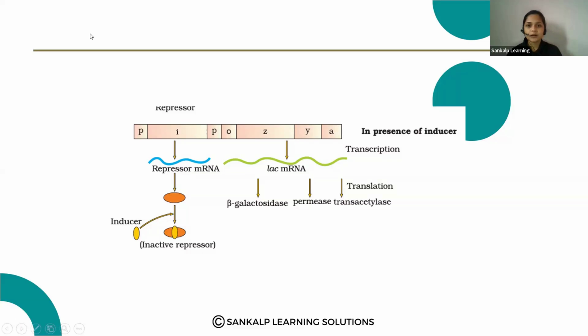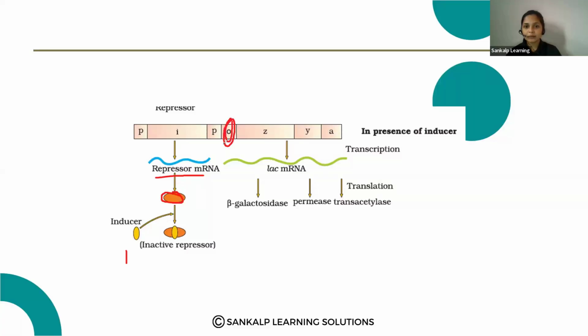So here when the lactose is present, the repressor gene produces the repressor mRNA, and it produces the protein, and the repressor protein binds with the inducer. Inducer is nothing but the lactose here. Then this repressor protein is inactivated, and is unable to bind the operator.